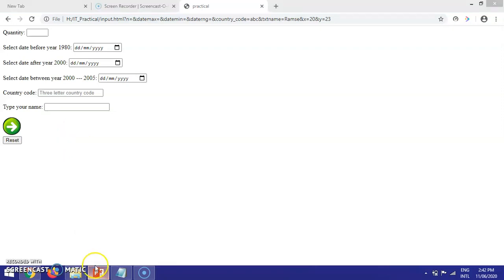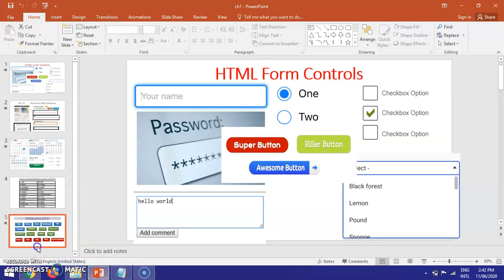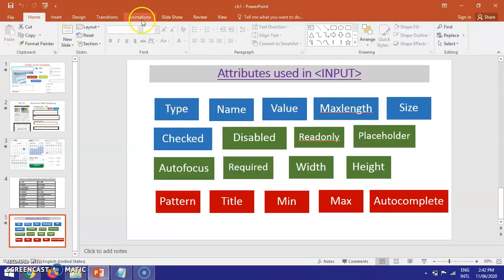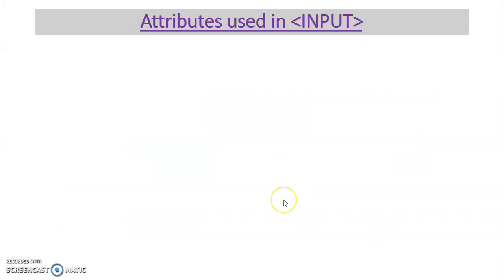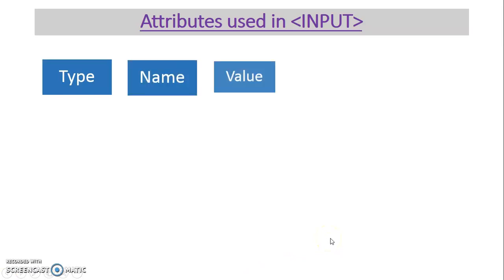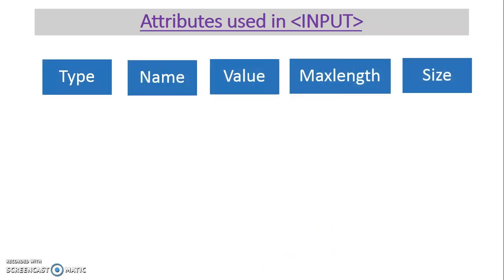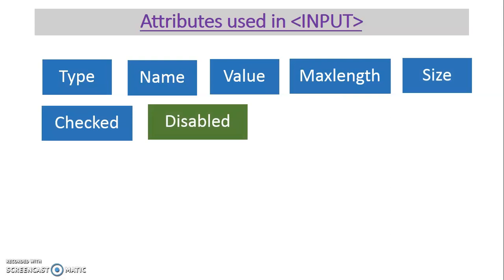So I'll just quickly discuss the attributes of the input tag. We learned about type attribute, name, value, max length, size, checked. All the attributes which I have shown with blue background color were covered in 11 standard.